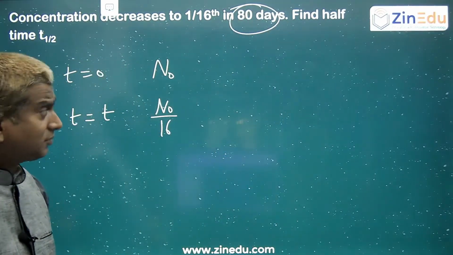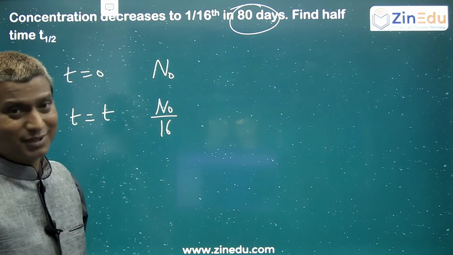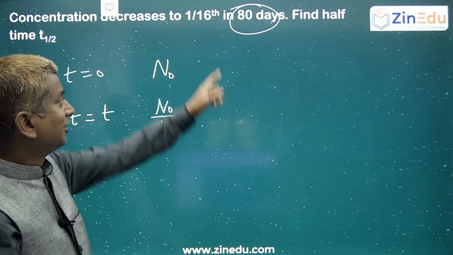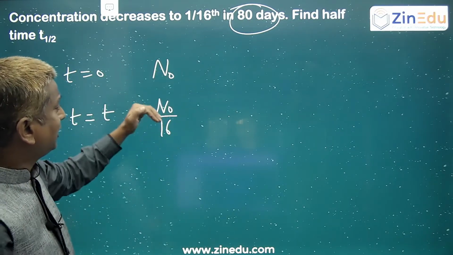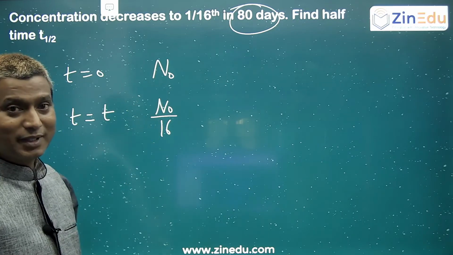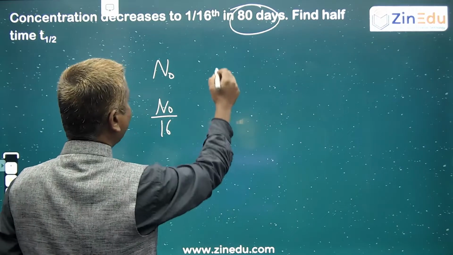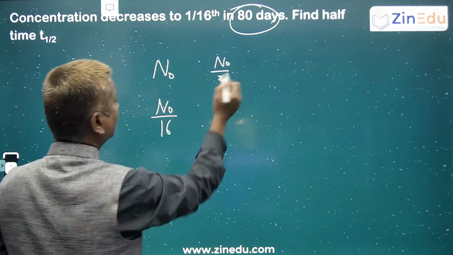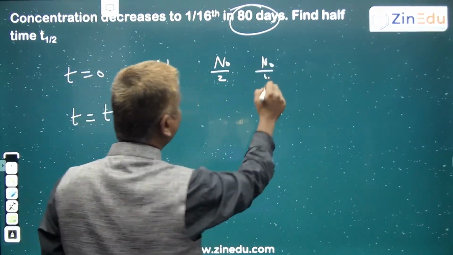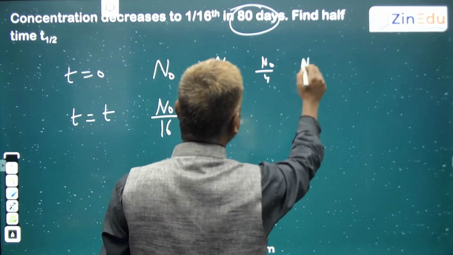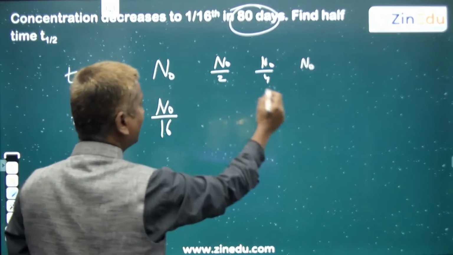Clearly, how many half-lives have been completed? In one half-life it will become n naught by 2. In the second half-life it becomes n naught by 4. Another half-life, it becomes half of that, correct?